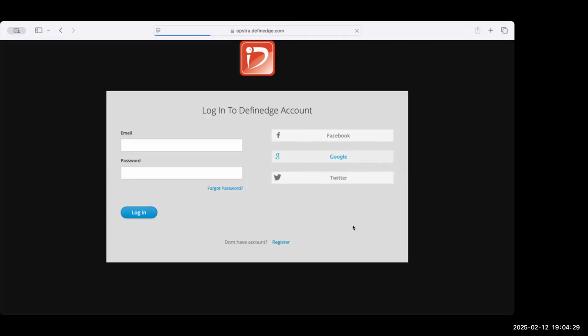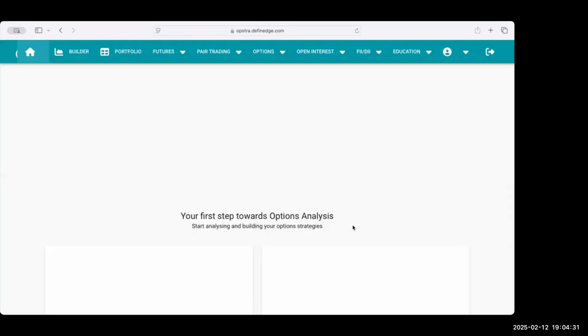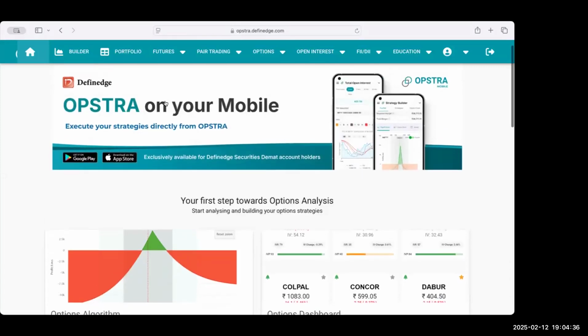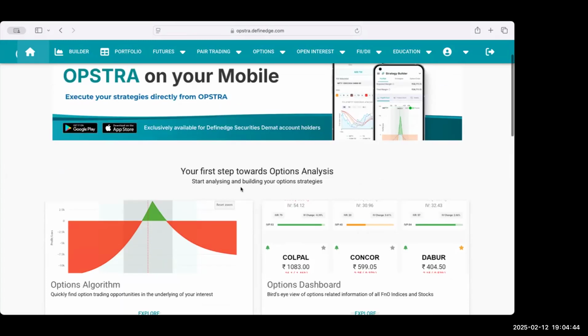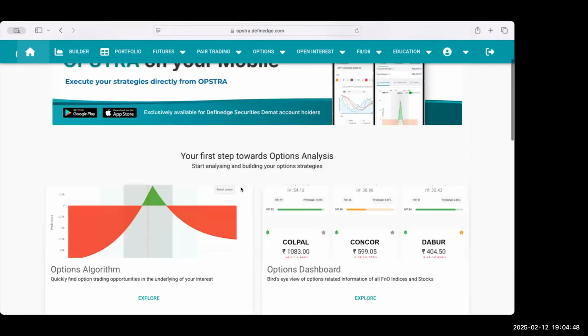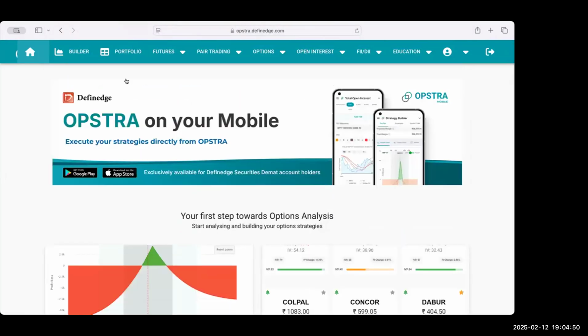Once you log in, you will get this page. It will open on the phone also. Don't download this. This is basically a broker. Definedge is a broker. You don't need to download this. You have Zerodha, Angel One, and trading apps already, so don't download this.